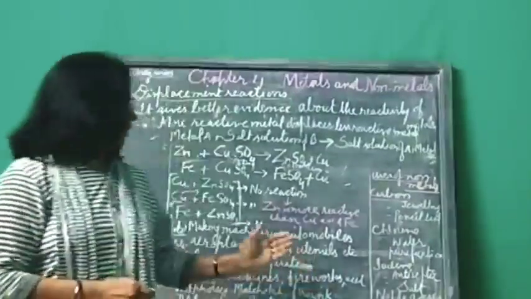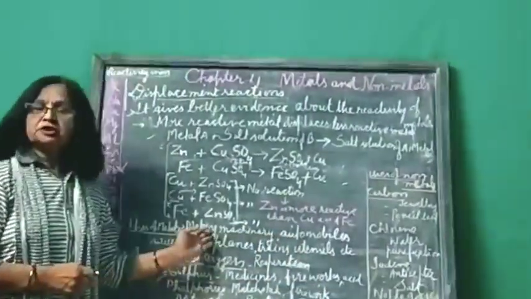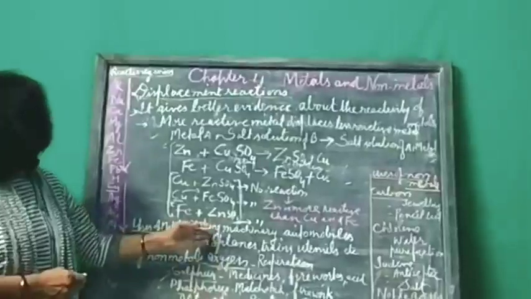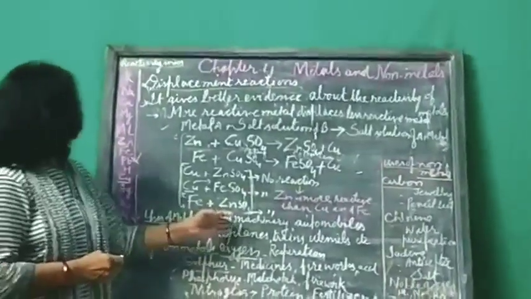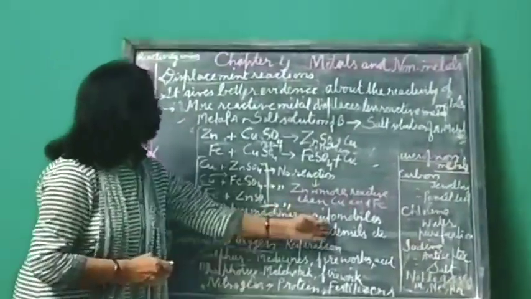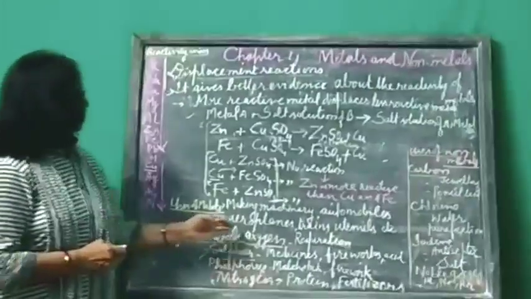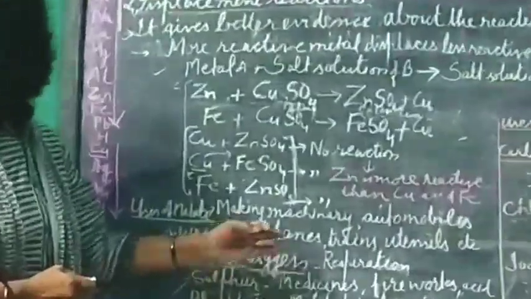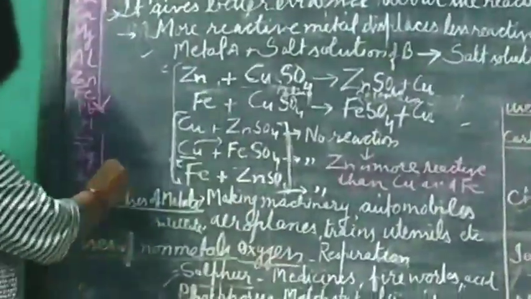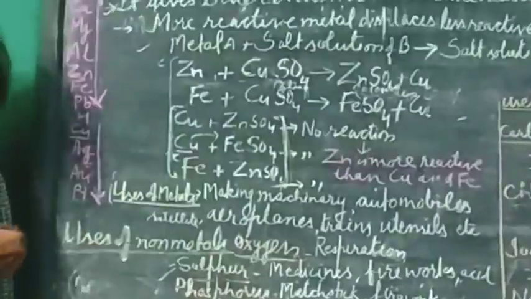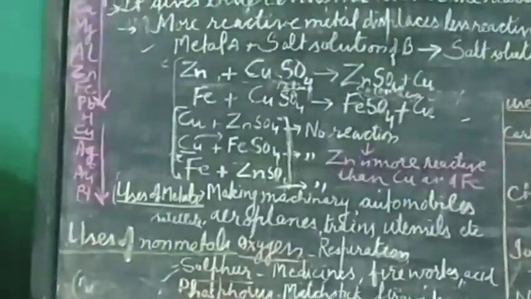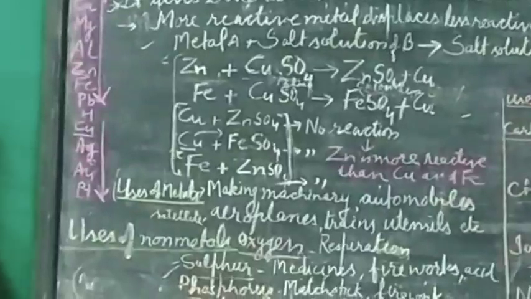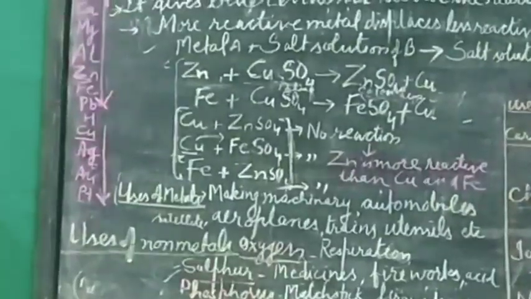Again, according to your NCERT book, metals are used in making machinery, automobiles, satellites, aeroplanes, trains, utensils. Besides this, I can give more examples and you can also write a lot of examples.